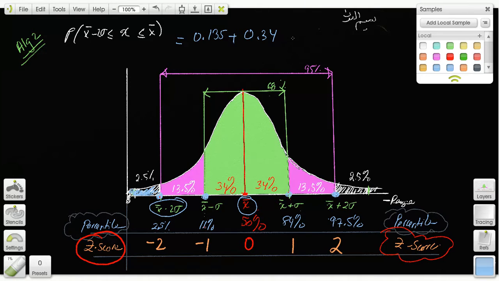If you add those two up, the probability would be 0.475, or 47.5%. So there's a 47.5% chance that the data would be in these two regions. You just add 13.5% and 34% to give you the probability of the data landing in that range. So that's a probability.